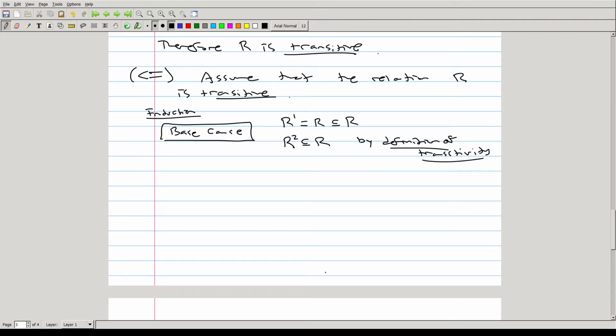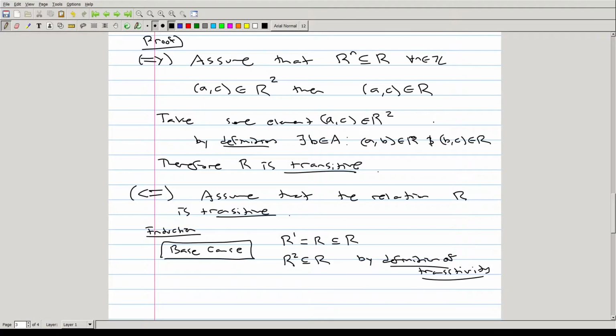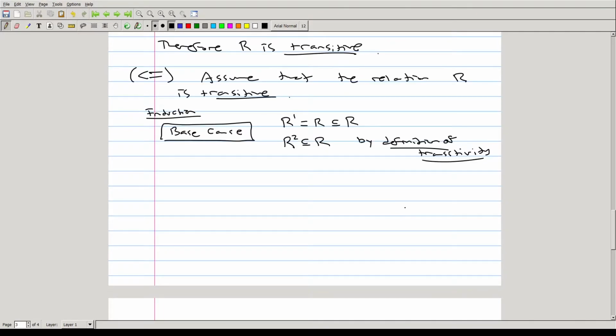The definition of transitivity means that there exists an element that connects two arbitrary elements in a given relation.